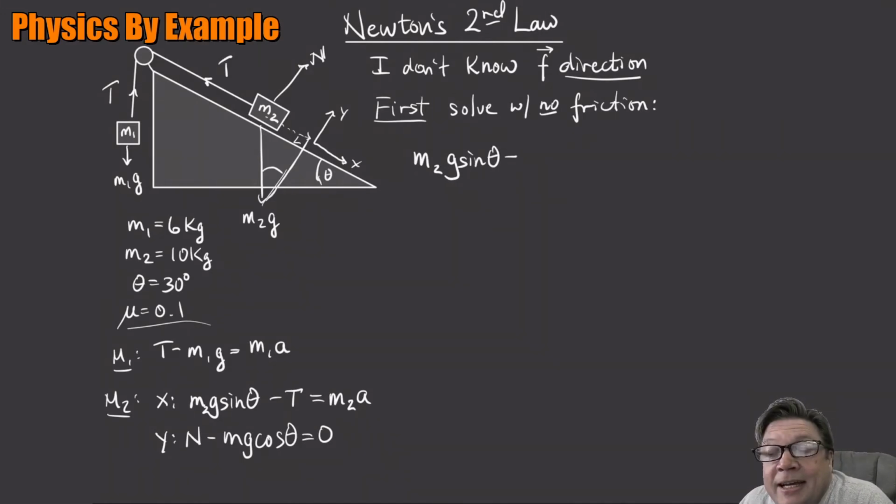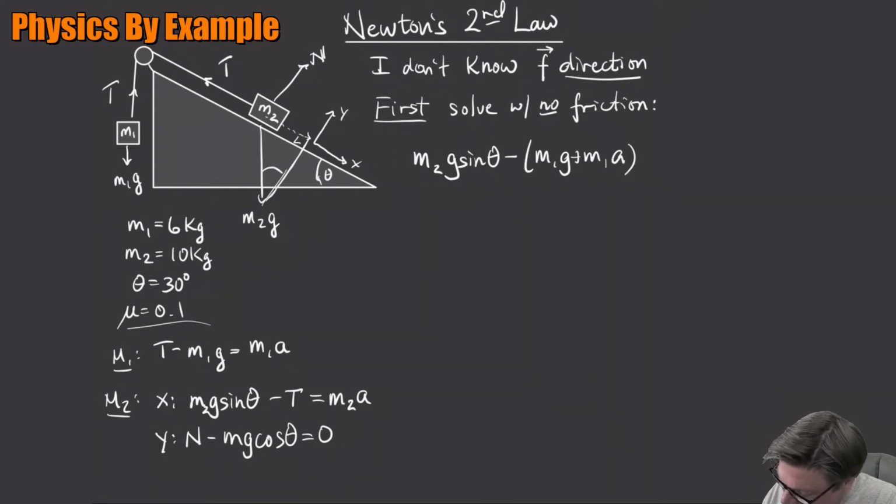T I can get from the m1 equation. T is m1g plus m1a. And this is equal to m2a. By the way, remember how we tied the coordinates together? Let's make sure that the a's are right. Because really this was a1 and this was a2, right?